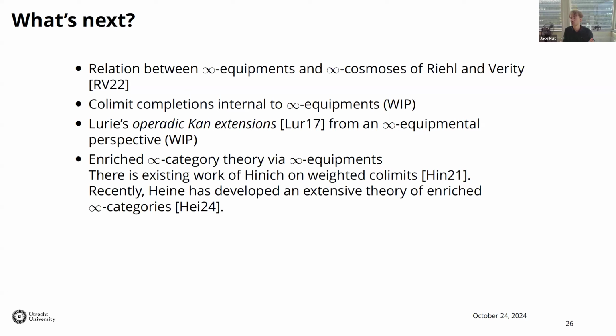So especially developing an enriched infinity category theory would be quite complicated. But using this infinity equipment, you can move all the complicated stuff into just the definition of the infinity equipment of enriched infinity categories, and from there on it's just smooth sailing, because then you can just interpret the category theory internal to this infinity equipment and get a theory of enriched infinity categories.